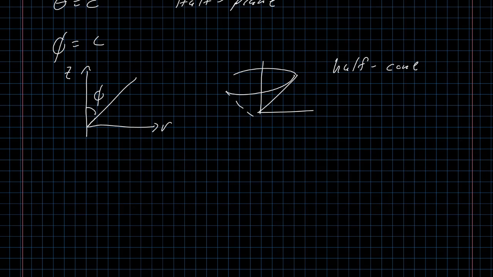Now, we've dealt with cones in the past. The elliptic cone, remember, was an equation x squared over a squared plus y squared over b squared equals z squared over c squared.